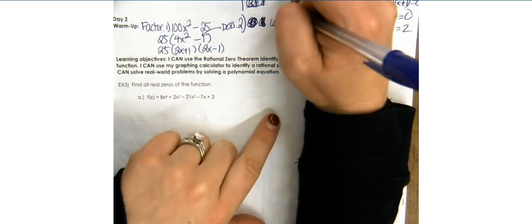The next one is a sum of cubes. So the way that we break that down is we use SOAP. We're going to have a binomial times a trinomial. In your binomial, you take the cube root of the first term, and that's going to be 4x. Then you take the cube root of the last term, and that's going to be plus 1.